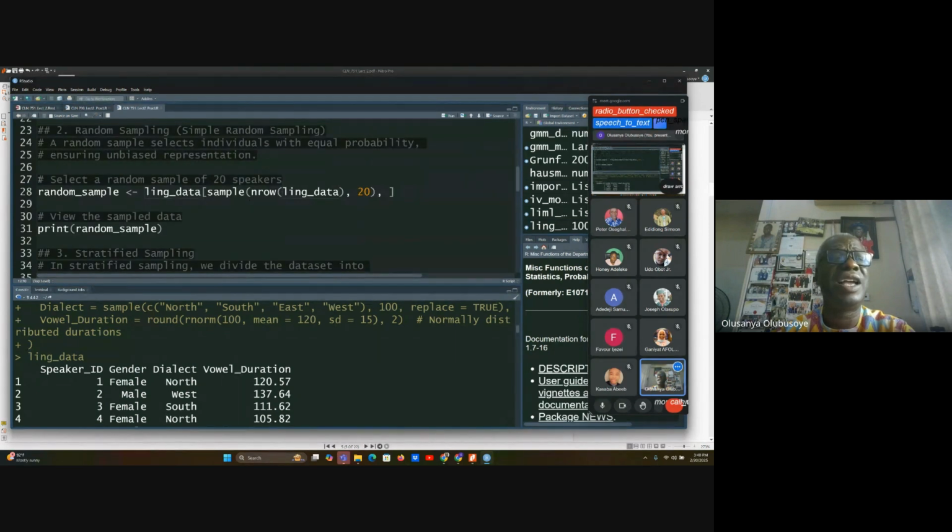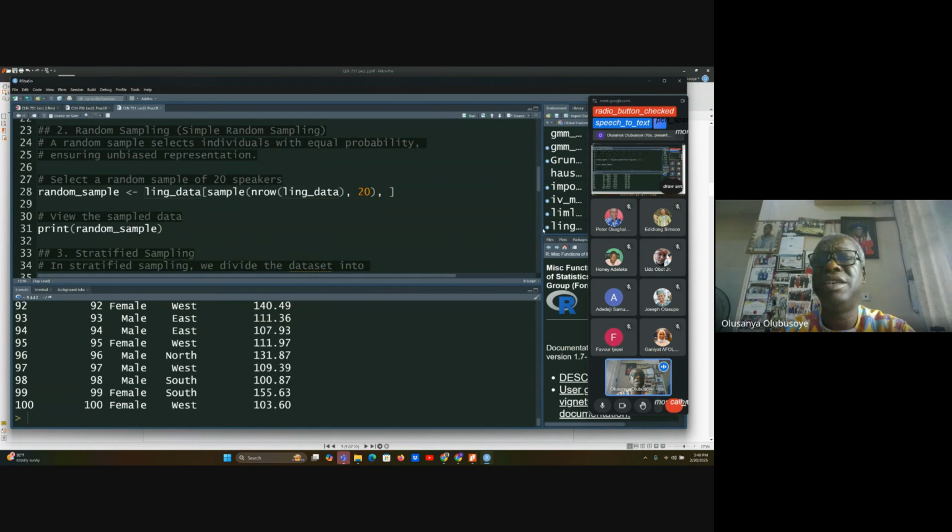So I can use simple random sampling to select the 20 speakers that I want to use for my linguistic research. So line 28 will help me to draw the sample.